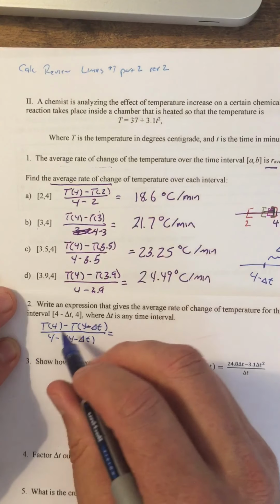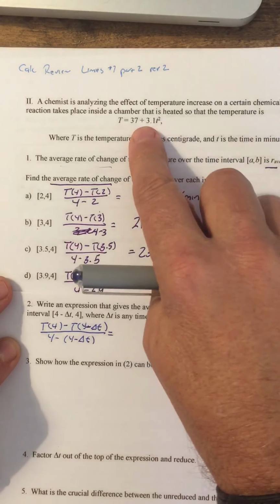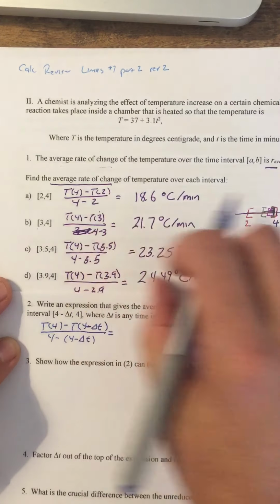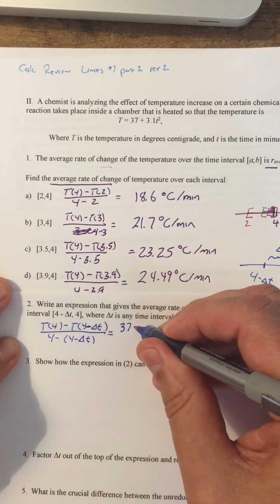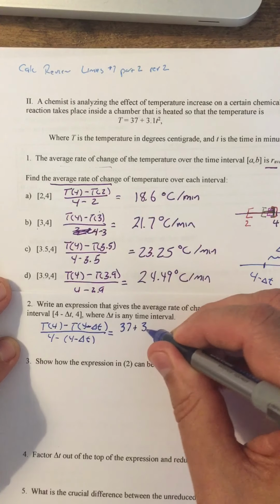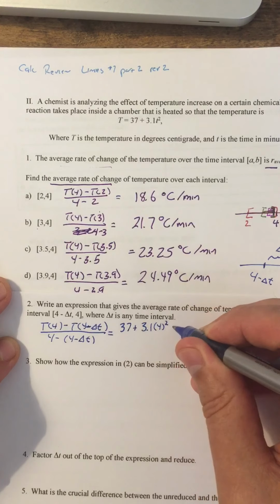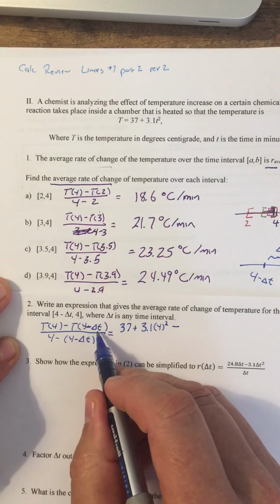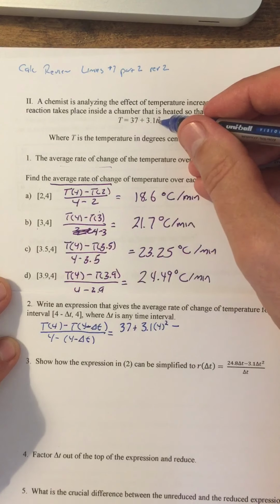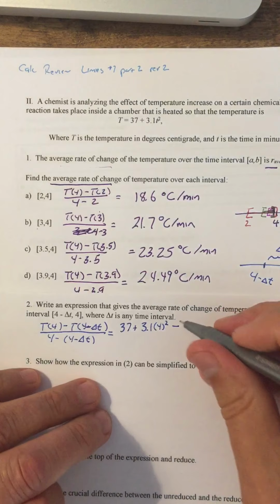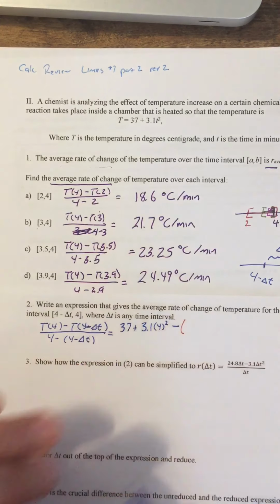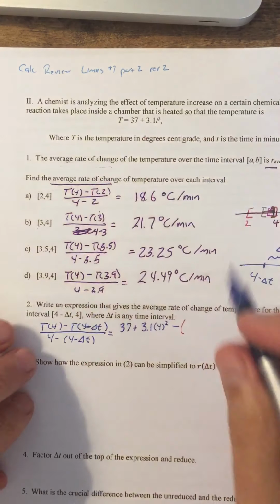Okay, so now we have to take our t function and use our t that we have up here. So we're going to say that is equal to, well, t of 4 is 37 plus 3.1 times 4 squared, and then minus my t of 4 minus delta t. So I have to plug 4 minus delta t in for the t there, which means I'm going to need parentheses, and I'm going to need a big parentheses around the whole thing because I'm going to be subtracting something with a plus or minus in it.